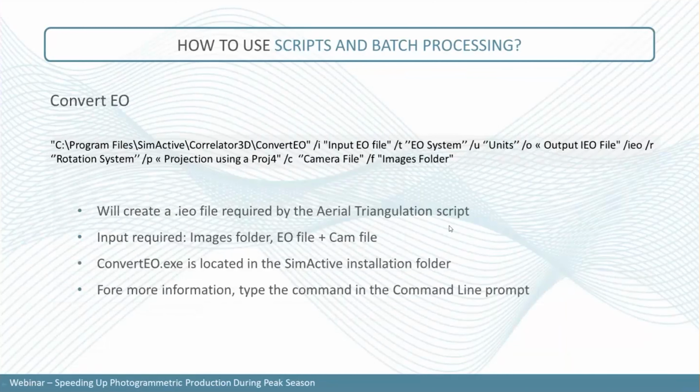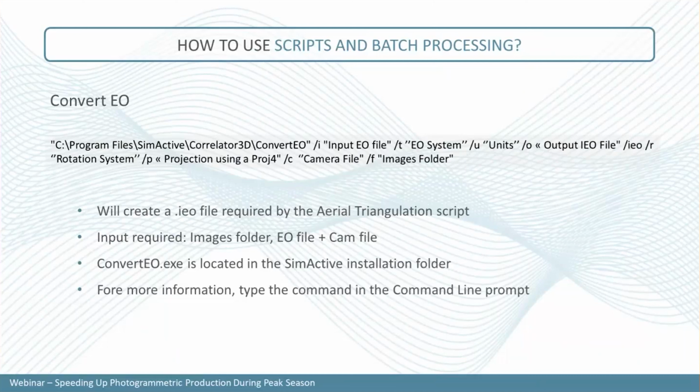As its name suggests, ConvertEO is a tool that will create the input IO file required for your project. If you want to create this IO file, you need a few inputs prior to calling this function.